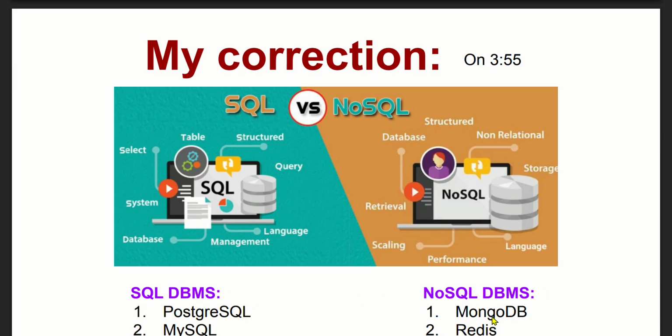I told you that MongoDB comes under SQL, but that is not true. This is the correction: SQL and NoSQL are two types of database systems, where Postgres and MySQL come under SQL DBMS, and MongoDB and Redis come under NoSQL DBMS. We'll discuss this a lot more in our upcoming modules.